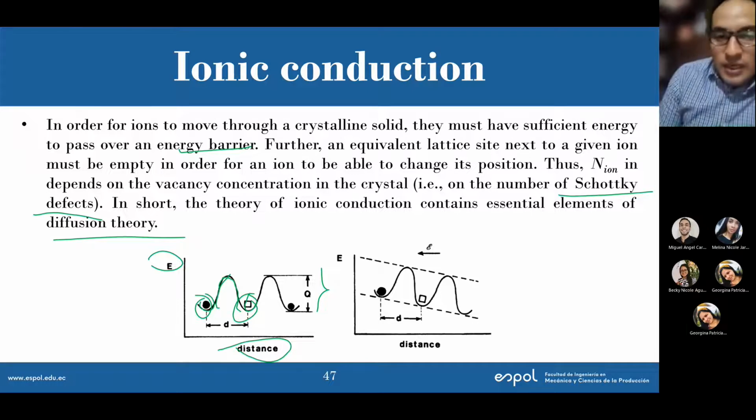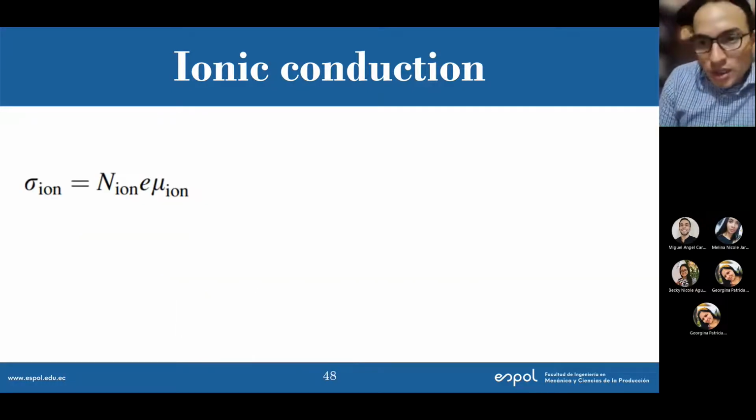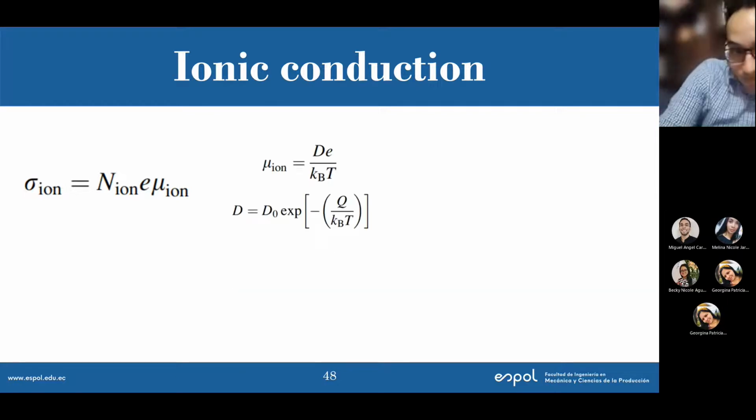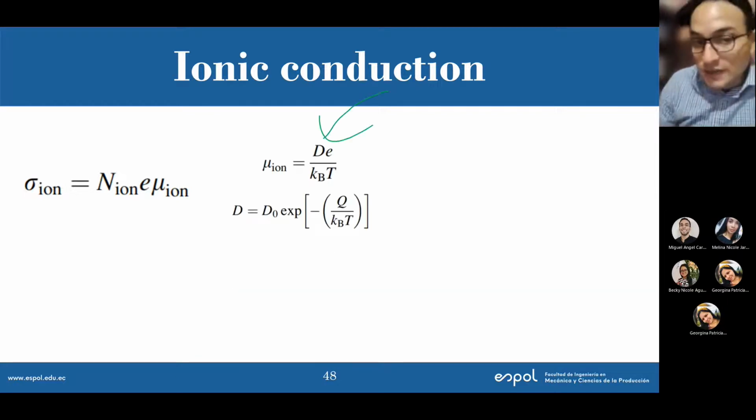Well, if it is diffusion, then I can definitely relate the mobility of the ions with the diffusion coefficient through the Einstein relation. So the mobility of ions in this case can be explained with the Einstein relation. D is the diffusion coefficient, with the charge, volume, and constant temperature.